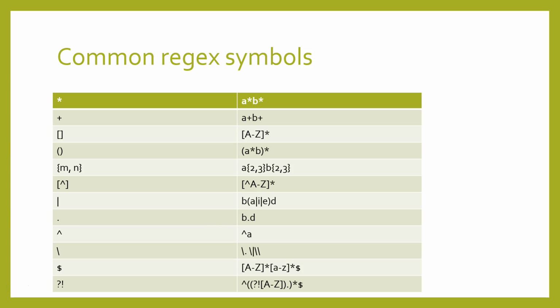And dot means match any single character including symbols, numbers, a space, etc. And as a character, a caret on its own indicates that a character or subexpression occurs at the beginning of a string. And the backslash is an escape character. This allows you to use special characters as their literal meaning.